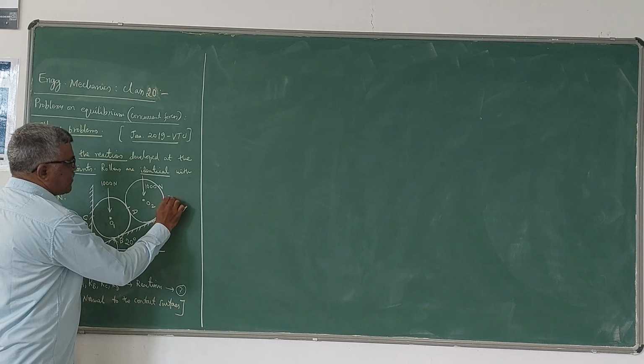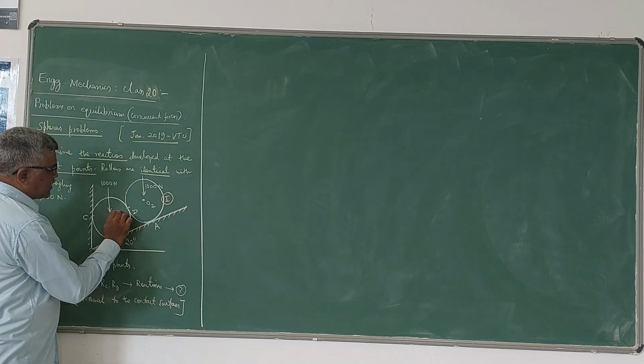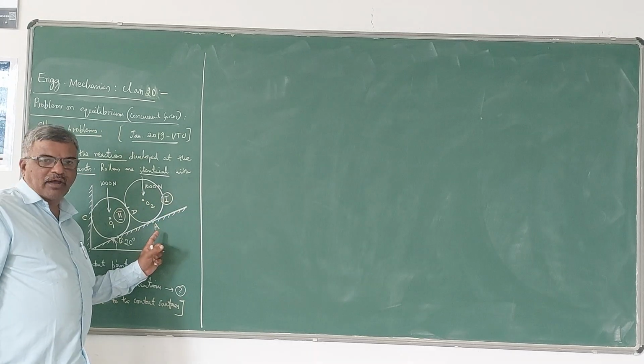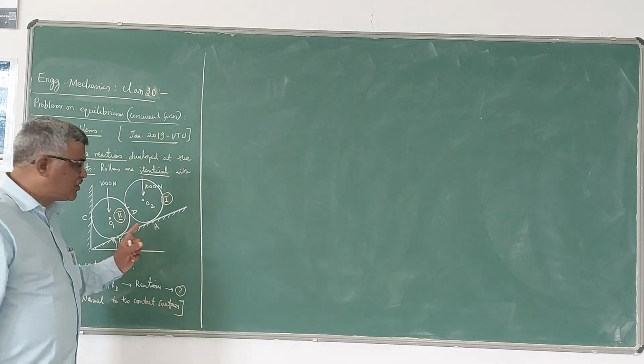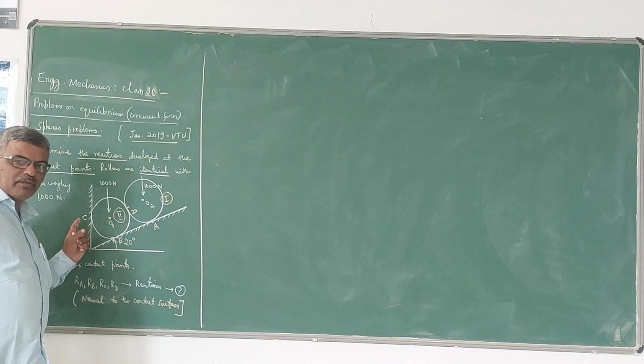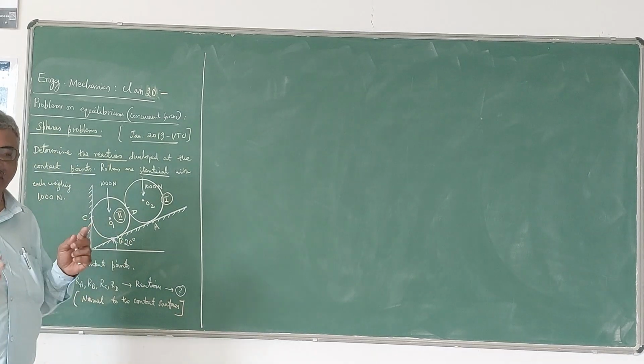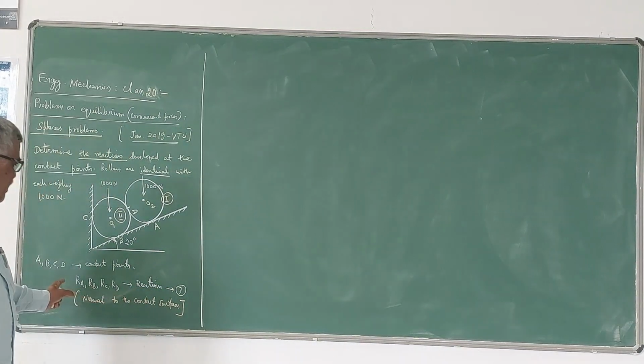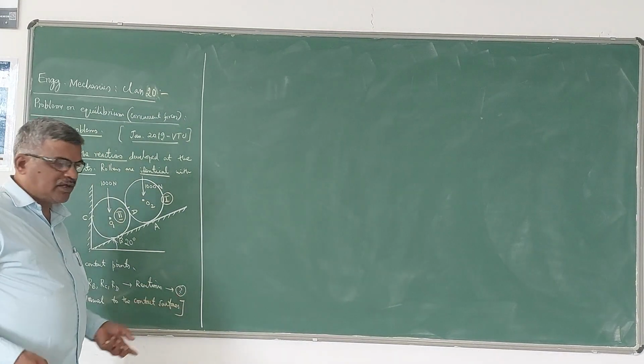I take this as first sphere or first roller. This I will take the second roller. So free body diagram of the first roller I am going to write, I will get two equations. Free body diagram of second sphere I am going to write, I will get another two equations. Totally you will be having four equations, and you have four unknowns: RA, RB, RC, RD. You can easily solve them.